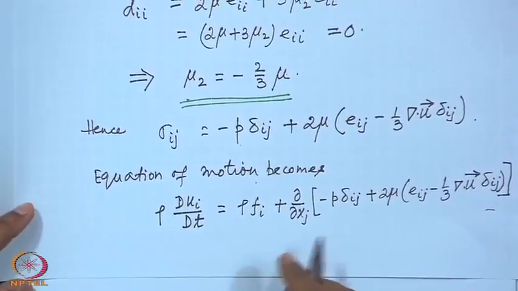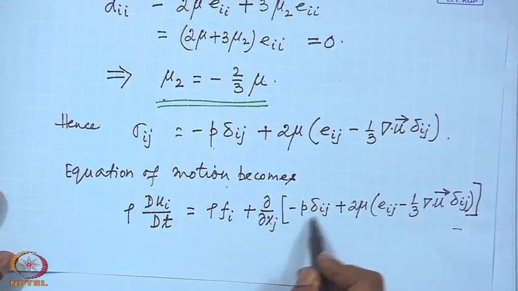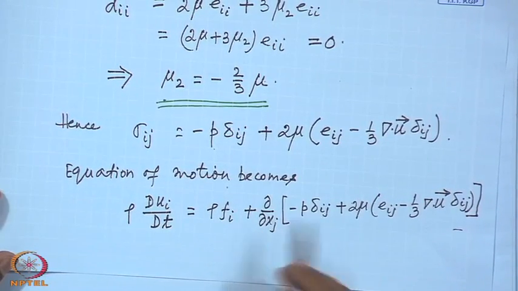Now, looking here, this first term within the bracket, ∂/∂x_j of minus p δ_ij, we will take it out from this bracket.